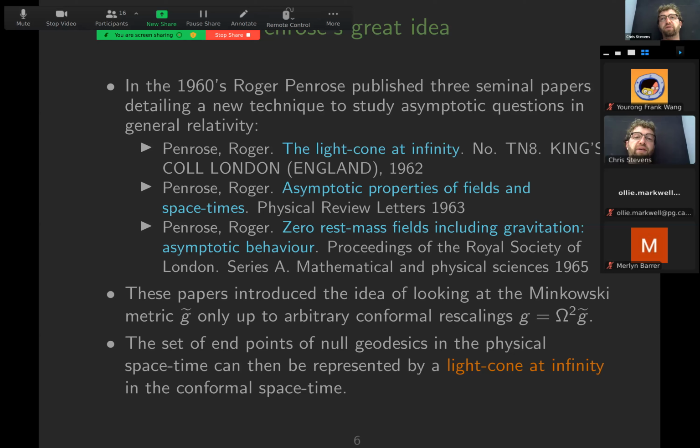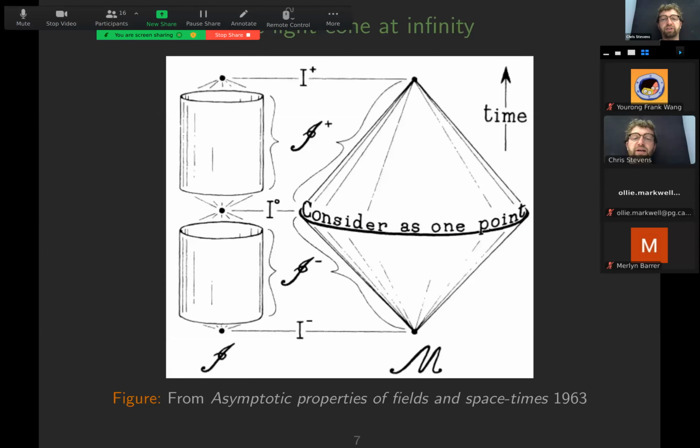So we have this point set representing this boundary, this conformal boundary, and it can be thought of as the endpoints of different curves in the physical space-time: null geodesics, spacelike, and timelike. And in particular, the endpoint of all null geodesics of the space-time looks like a light cone from some point at infinity. So it looks something like this, which I've grabbed from Penrose's original paper.